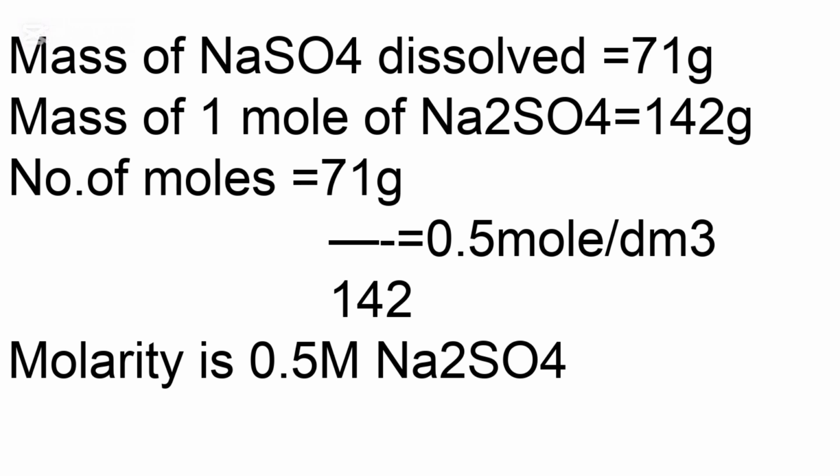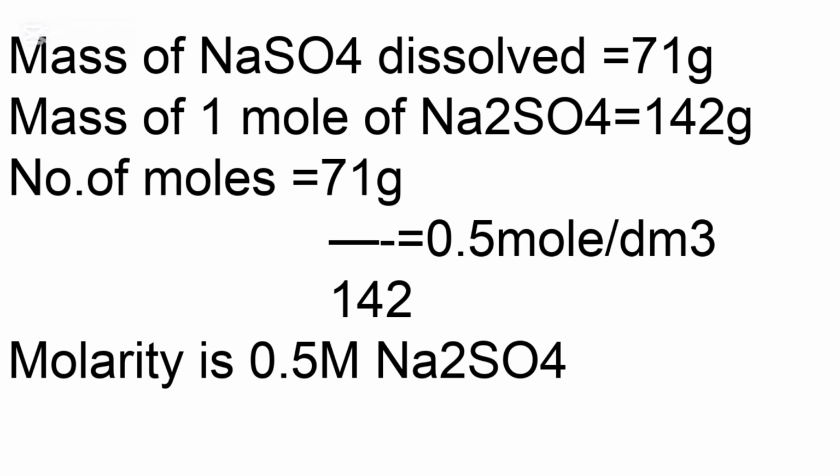For example, the RAM of sodium is 23. So we shall take 23 times 2. That gives us 46. Then sulfur is only 1 atom, therefore we add 32. Then plus oxygen atoms, which are 4. So 16 times 4. So if you do the sum, it's going to give you 142 grams.